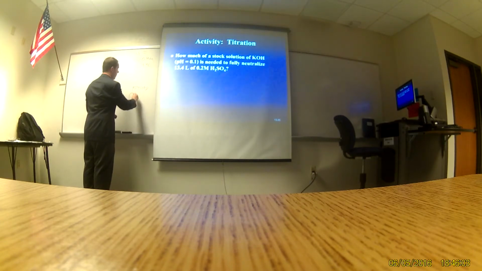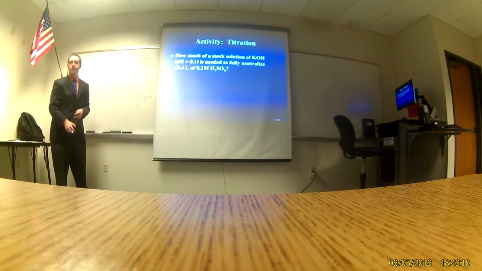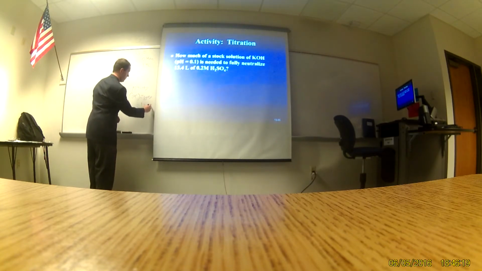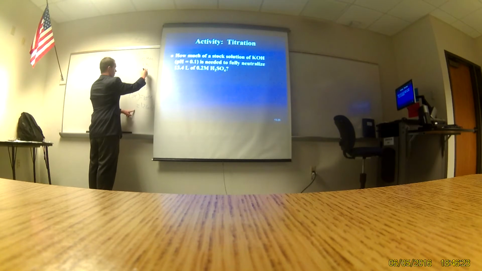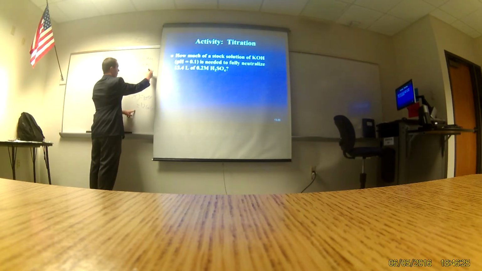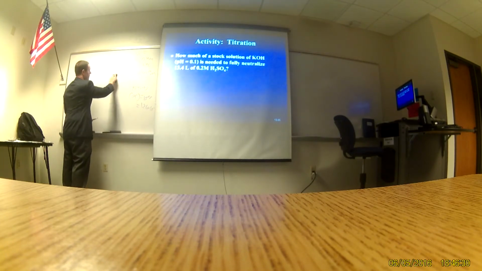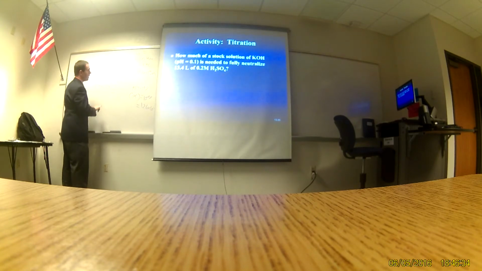So then the OH minus concentration equals 10 to the negative 13.9, which is what? 1.26 times 10 to the negative 14. So this is 1.26 times 10 to the negative 14 molar. And that is my C2.